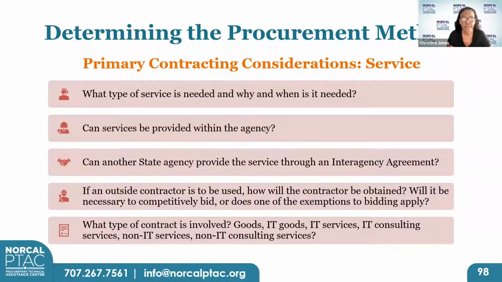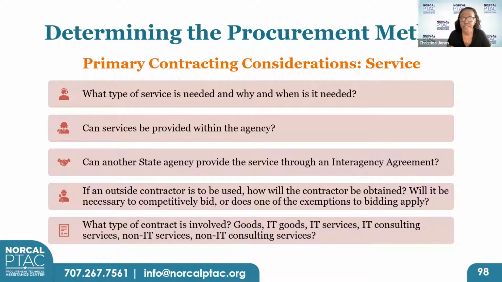So if they're looking for an outside contractor, in what way do they want to solicit to that contractor? Will it be something that has to be non-compete? We're looking for something quickly we need to get, or are there any other exemptions that apply? We'll talk about exemptions in a future slide. And then what type of contract, of course, is involved? Is it goods, IT?